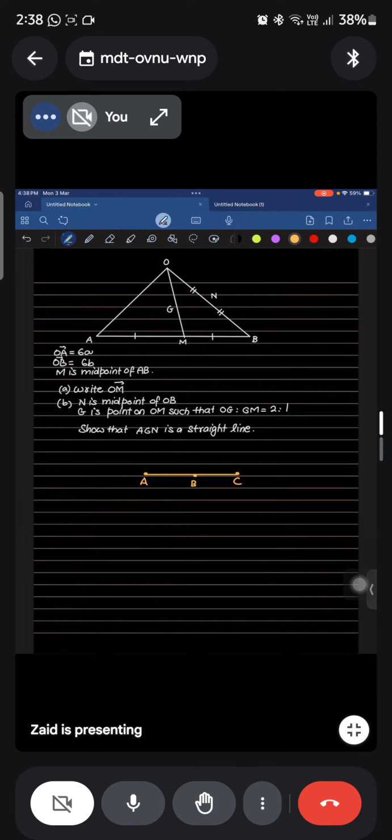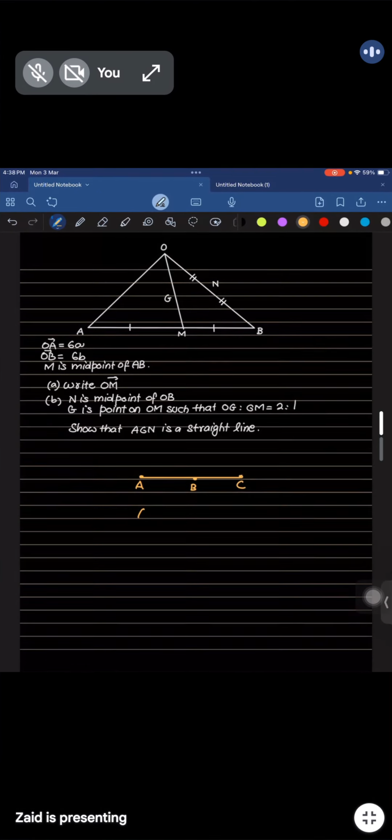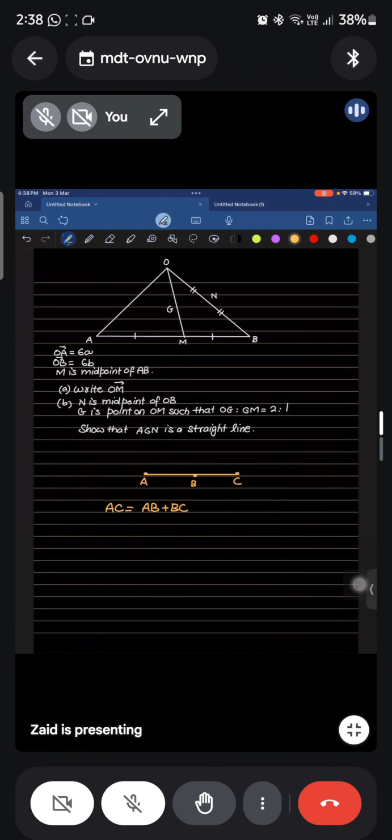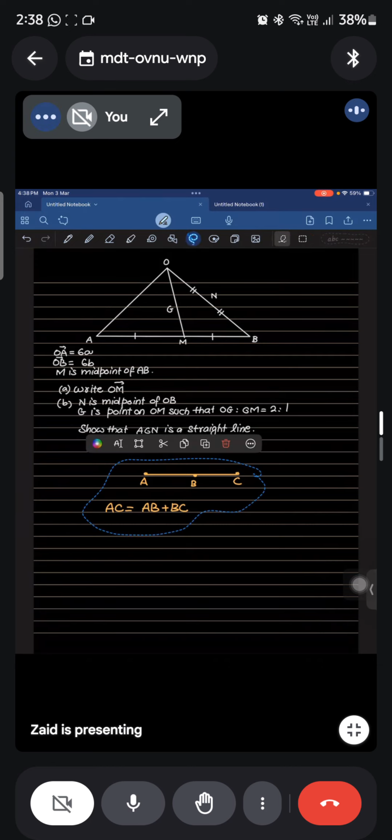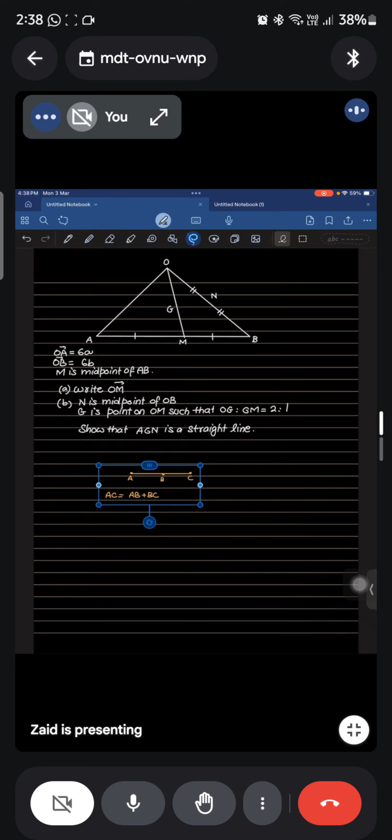So AB plus BC should be equal to AC. If this is satisfied, that means it's a straight line. So this is the way we prove that the points make a straight line. Is it clear? Okay. So first part is okay.